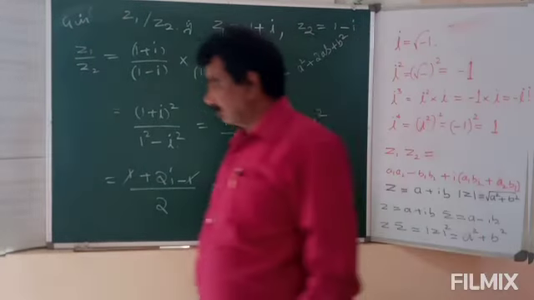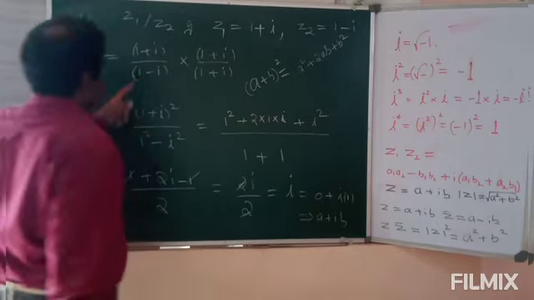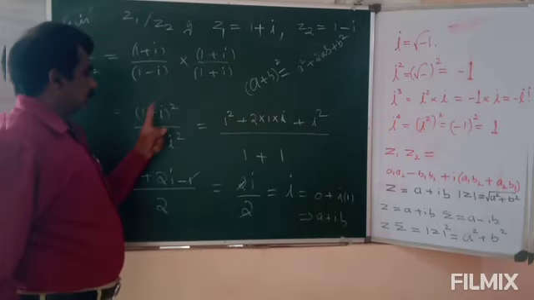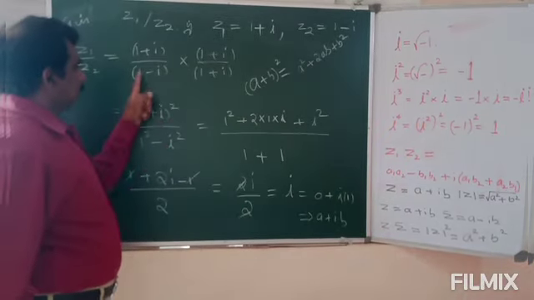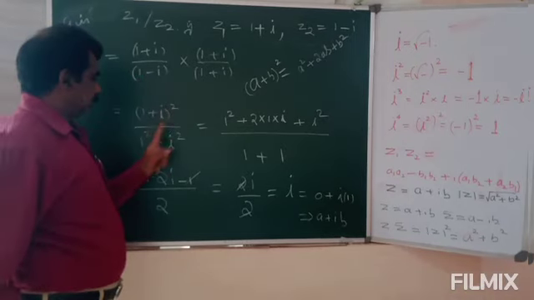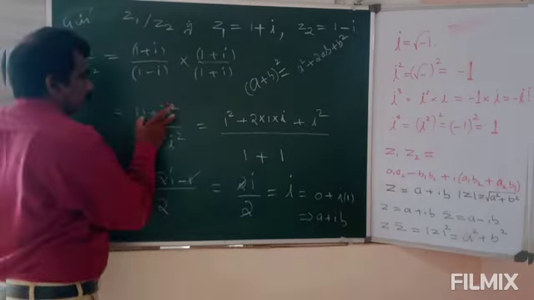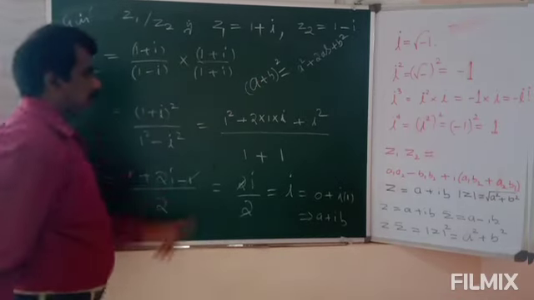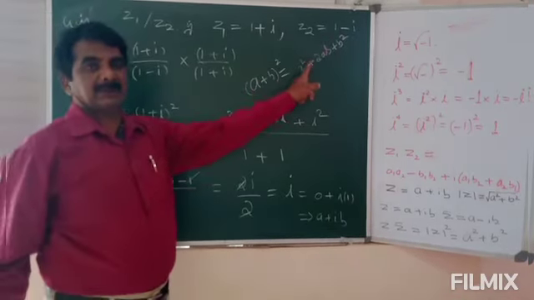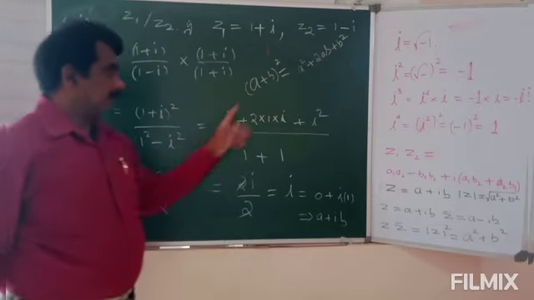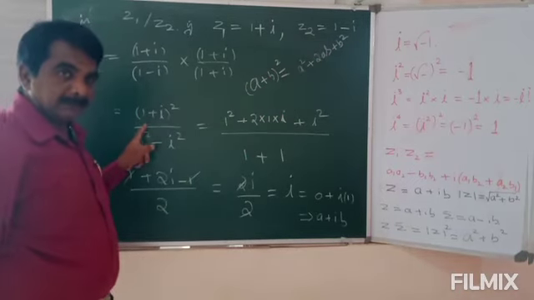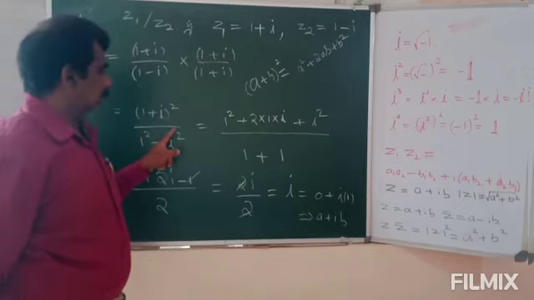Next, 1 plus i into 1 plus i is 1 plus i whole square. Here a minus b into a plus b is a square minus b square. Now this is in the form of a plus b whole square, which is a square plus 2ab plus b square. The value of a is 1, b is i.